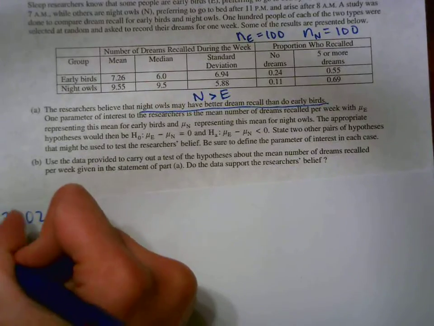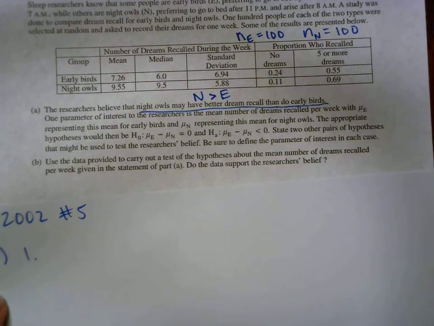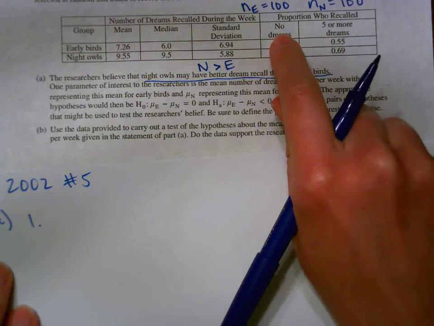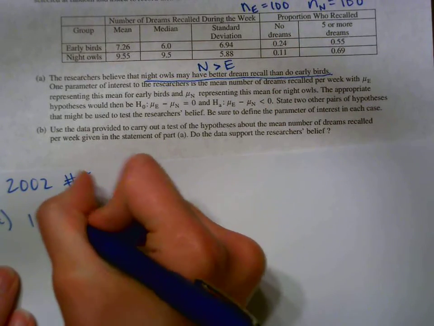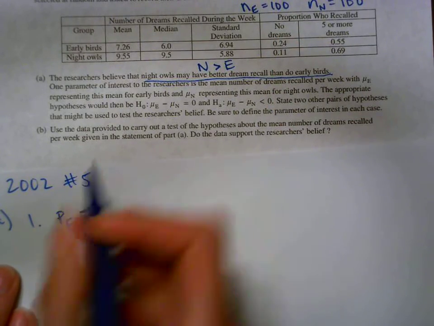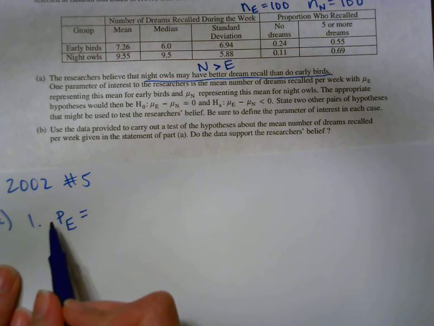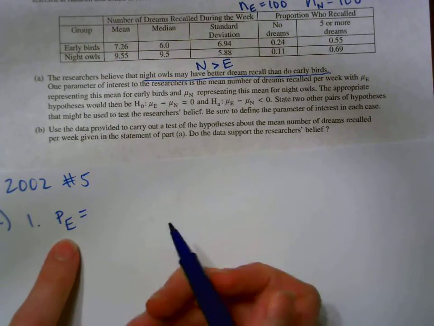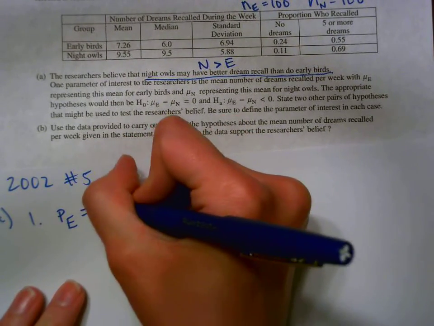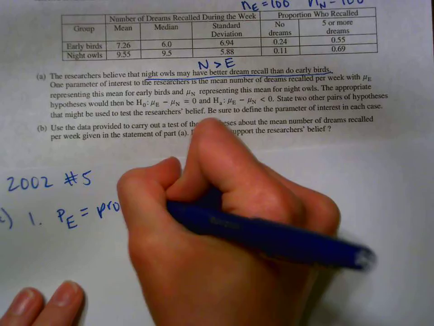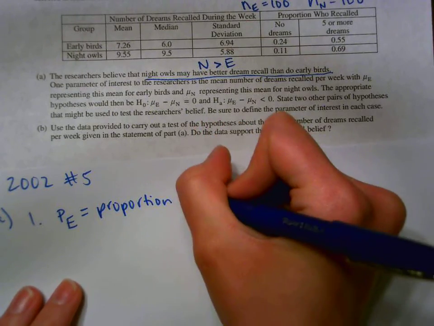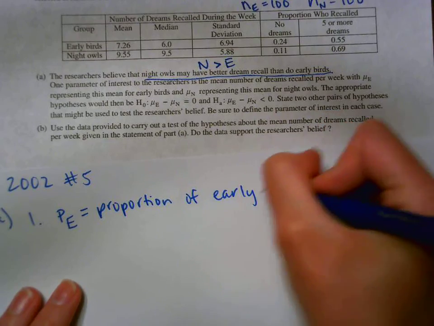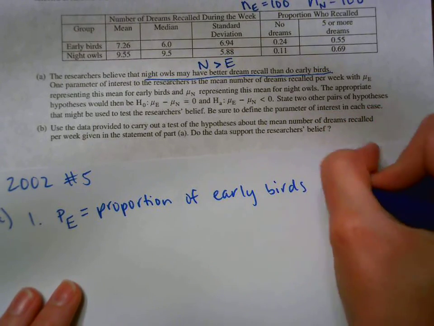So for part A, my first hypothesis is going to use the no dreams. I'm going to define pE. Remember, you define just p, not p hat, because you should write a hypothesis with a population value. So pE is going to represent the proportion of early birds who recall no dreams.